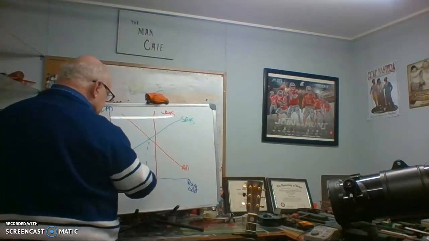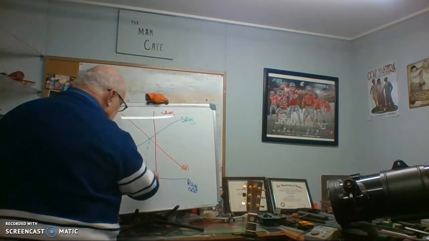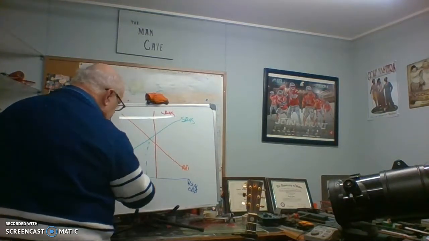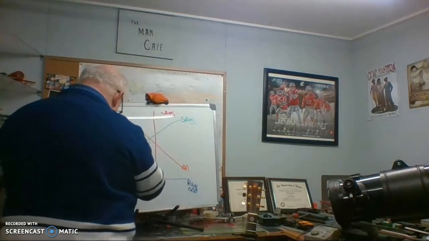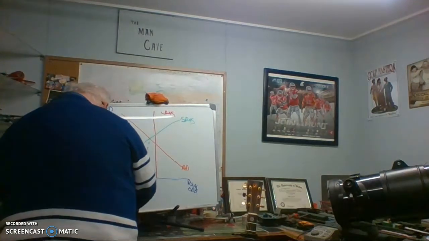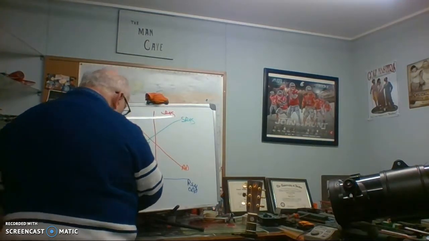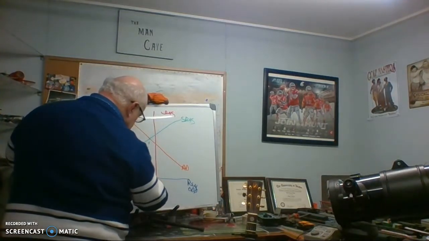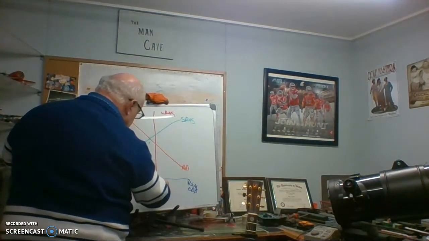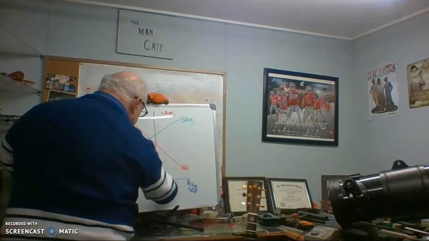But where we have a situation like this, where the current equilibrium between the short run aggregate supply and the aggregate demand is below the potential, the long run aggregate supply, we can think of it as the potential GDP. Okay.